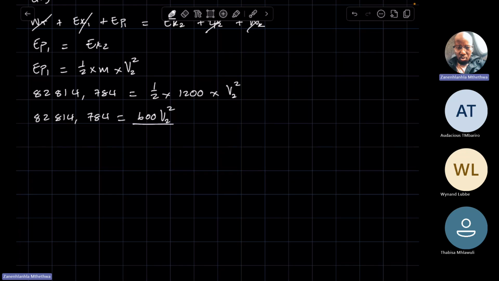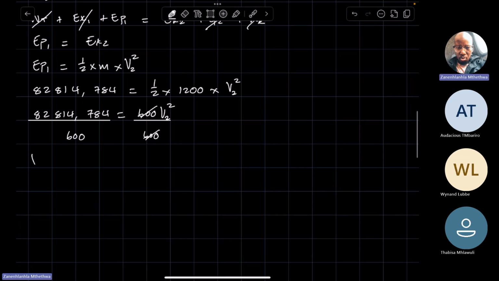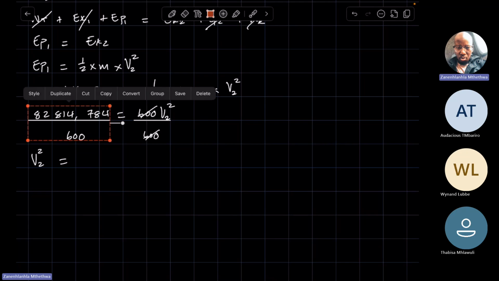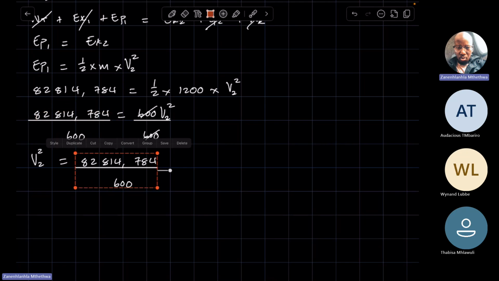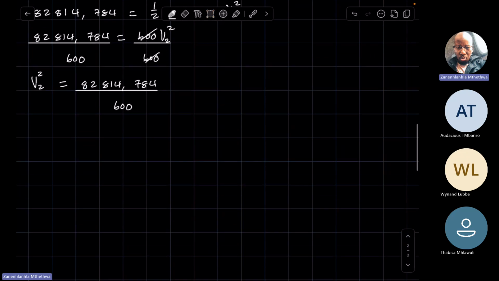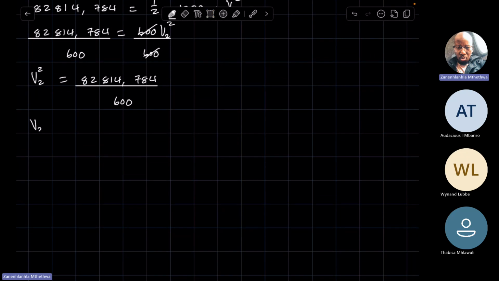You always divide both sides by the 600. That cancels on the left hand side, and you're left with V2 squared is equal to this, which you can take down exactly as it is, or you can calculate it, up to you. To calculate V2, you have to use the square roots on both sides. On the left hand side, the square root eliminates the square.